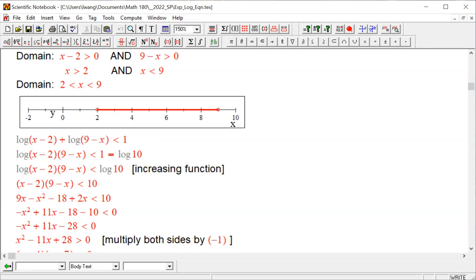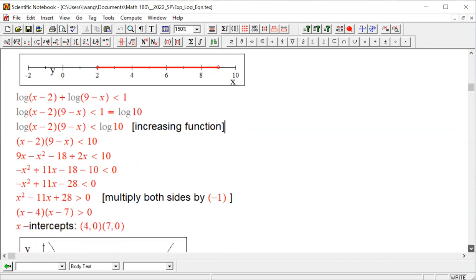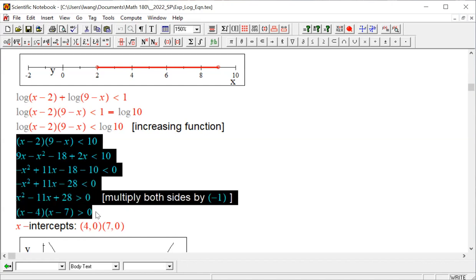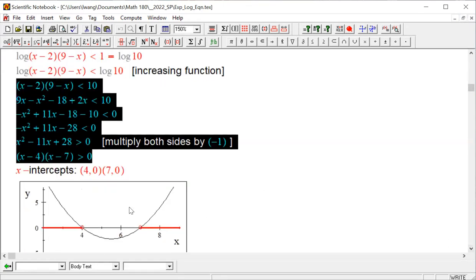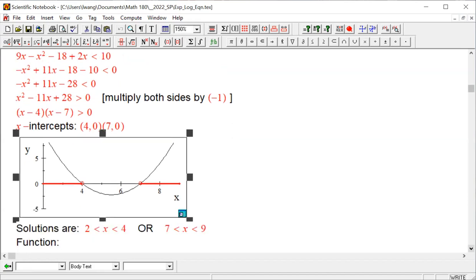Right, increasing function: if output 1 is larger than output 2, then input 1 will be larger than input x2. Okay, and for this piece, we solve the inequality. So this entire part is manipulating quadratic inequality. Okay, and we get this picture and we got the solution.